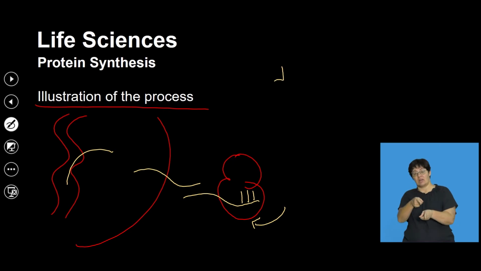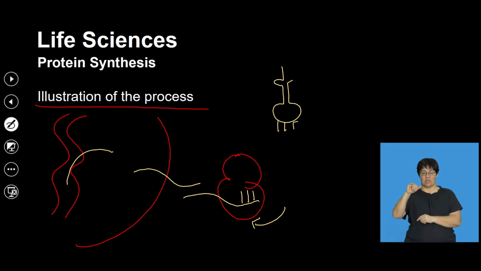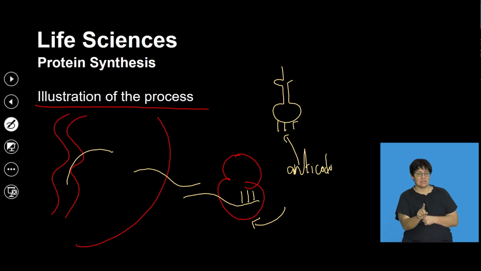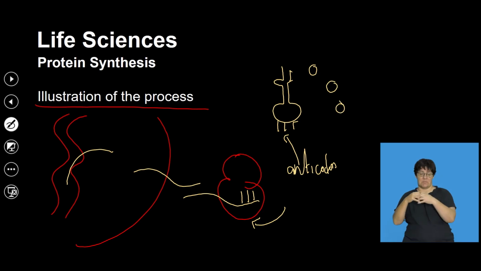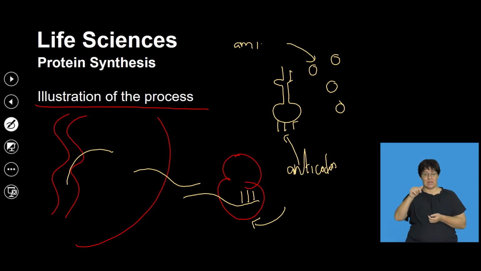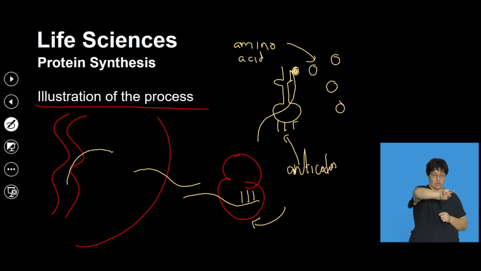It will then instruct a tRNA molecule with the anticodons, which are here, to bring in a specific amino acid. So we refer to those as the amino acids. And these amino acids are activated by the tRNA. The tRNA will then transport or transfer that to a complementary codon on the mRNA.